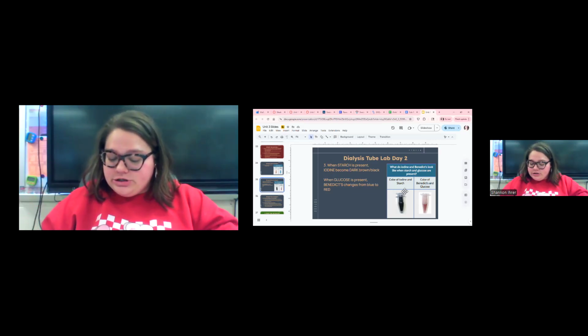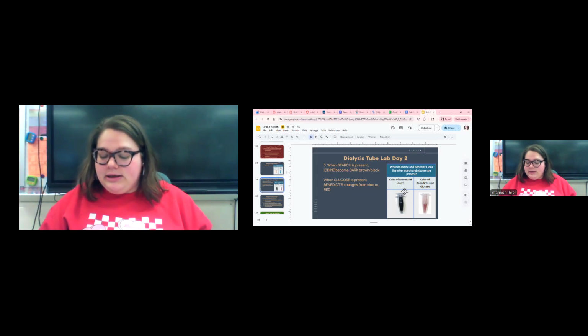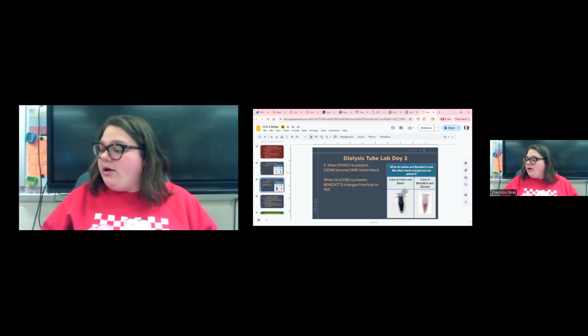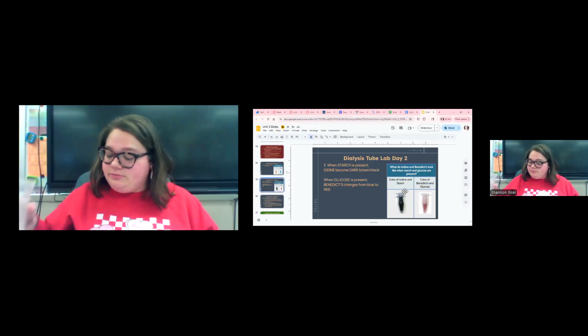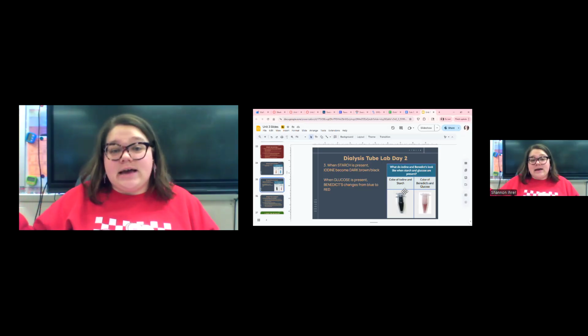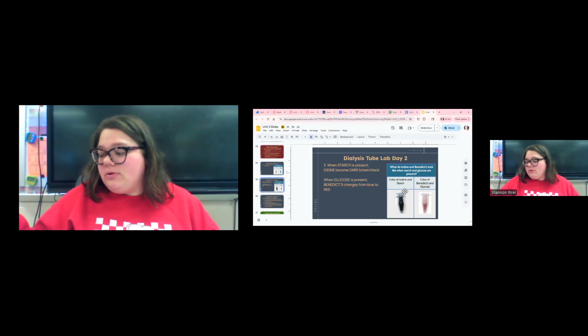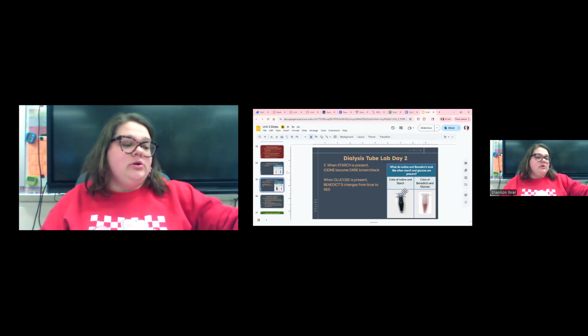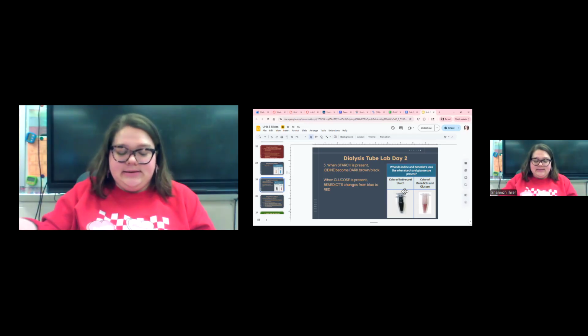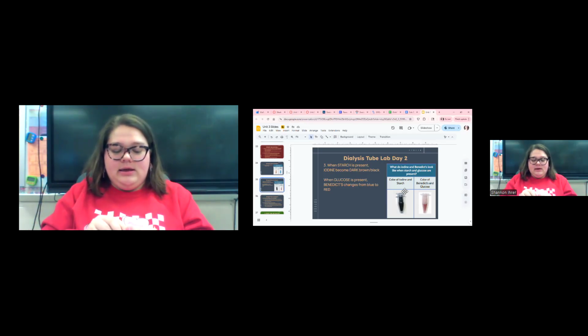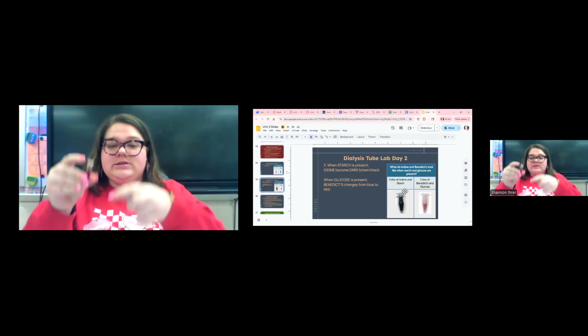So what we're going to do is we are going to take a sample from what is outside of the tube, and we are going to place it into these tubes.